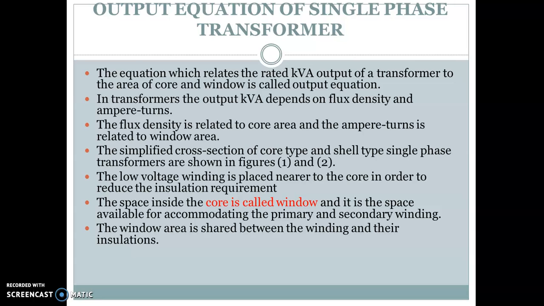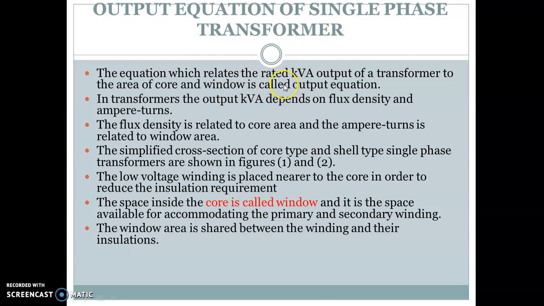Now I am going to discuss an important part, called the output equation of a single phase transformer, and from here we will also study how we can find the total copper, how much copper is needed.